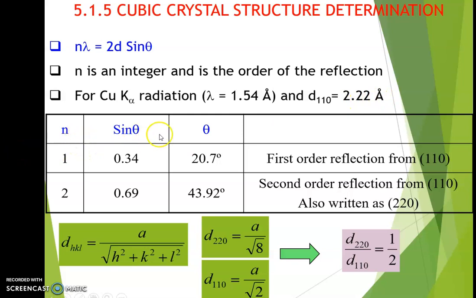So n sin theta, with n equal to 1, gives the result 0.34 for sin theta, so theta is 20.7 degrees. That is the first order reflection from 110. For n equal to 2, sin theta equals 0.69 and the angle becomes 43.92 degrees. That is the second order reflection from 110, also written as the 220 plane.